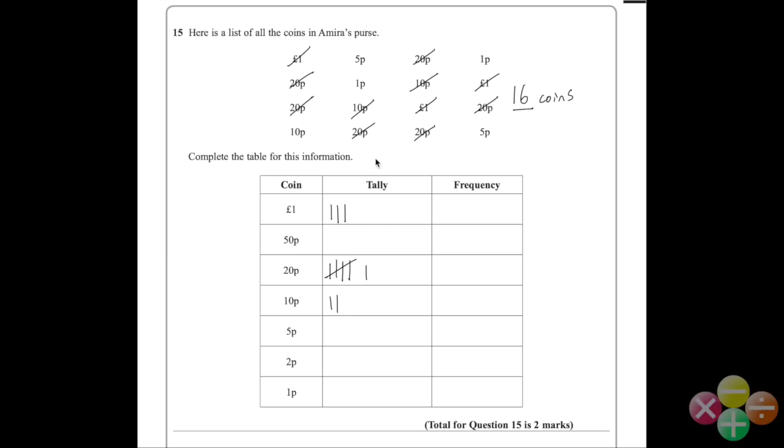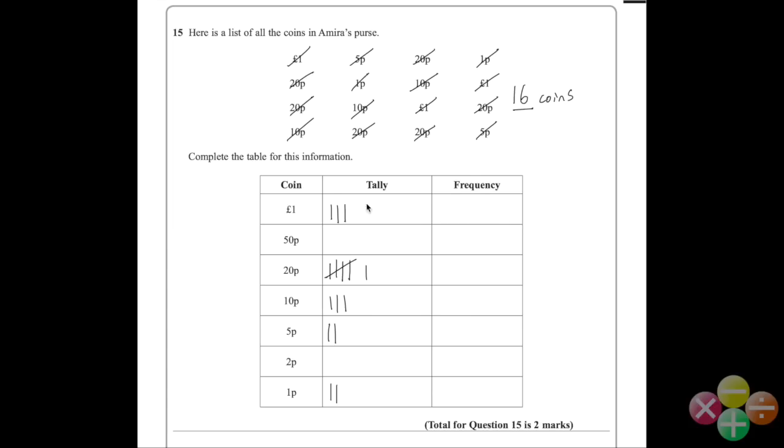Another. And one last one there. 5p's. Yes, I can see one there. And one at the very bottom right hand corner. 2p's. There doesn't seem to be any 2 pences, so we're left with the pennies at the end, and we've got one there and one there. So that's our tally column completed.